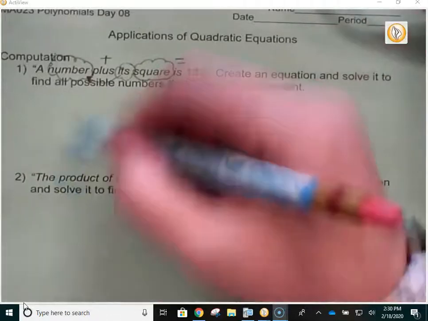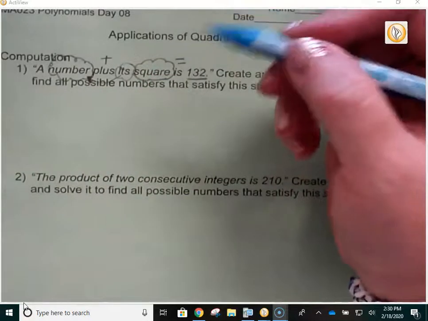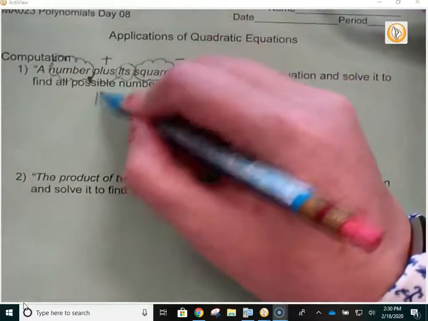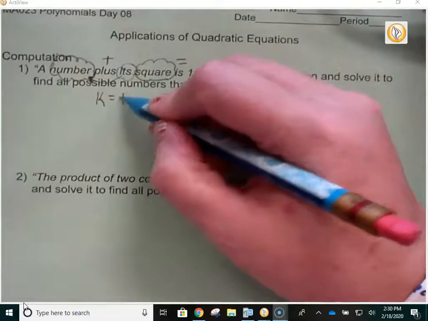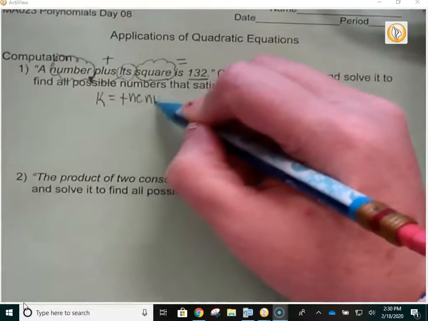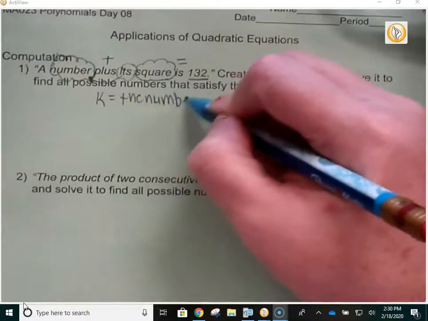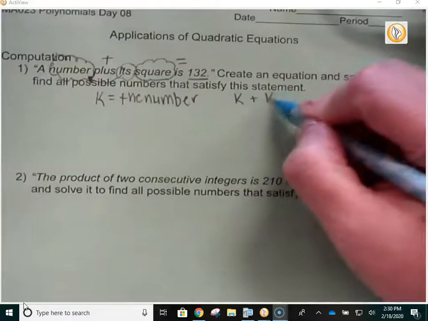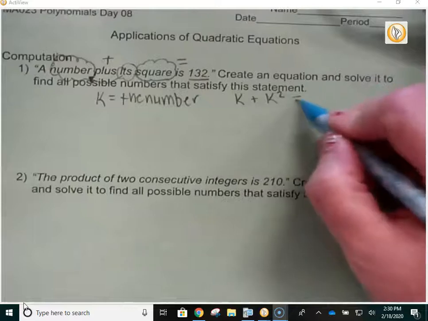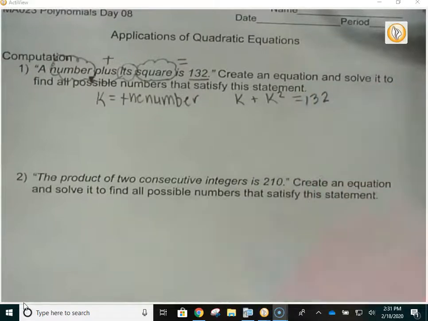Well, I'm going to use k. K is our number. So if I translate the equation up here, I have a number, which is k, and its square, k squared, is 132. So that's all we have to do to write that.